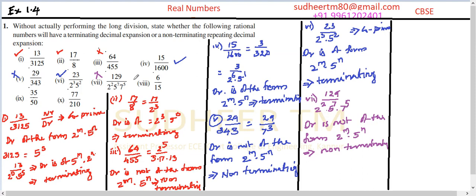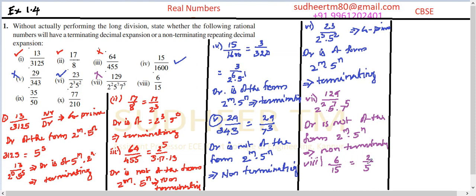Next question is the eighth one. Eighth one is 6 by 15, which we can write as 2 divided by 5. On factorizing, 2 into 3 is on top, 3 into 5 is below, and 3 and 3 cancel.